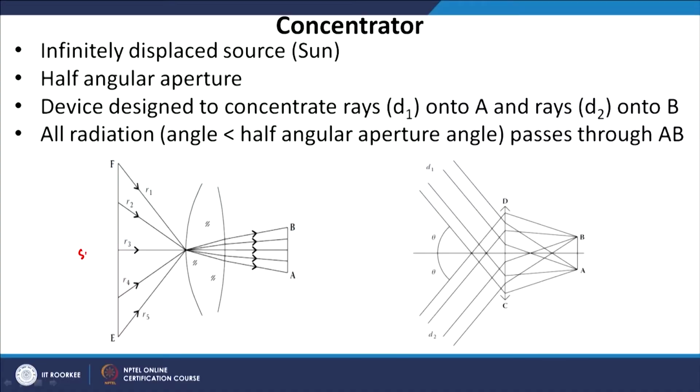What we want is, we have a light source, the sun, and we want to concentrate most of the radiation coming from the sun onto a small object which will generate energy in the form of steam or whatever. Let us say this is the light source EF, the source from which the radiation comes.